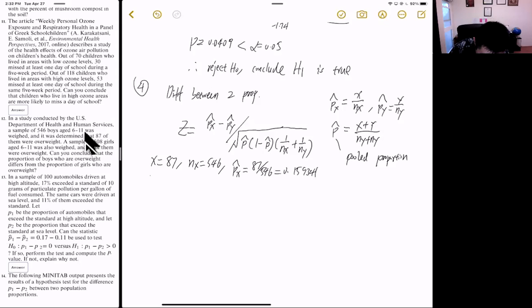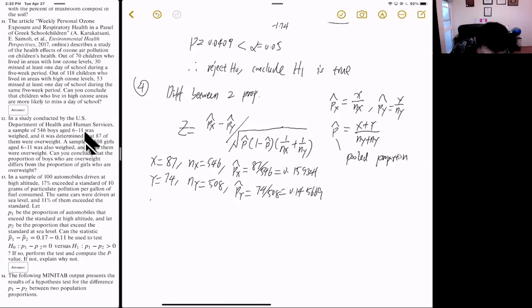For girls, 74, sample size 508, and the sample proportion for girls.